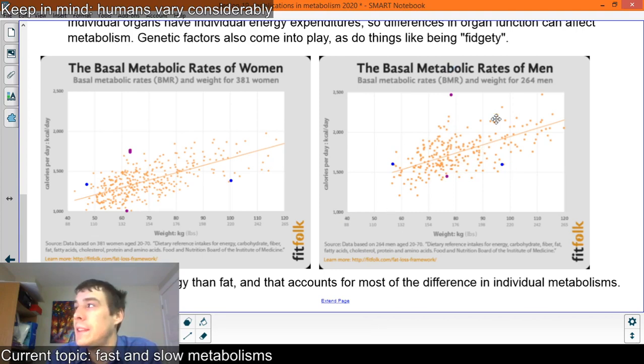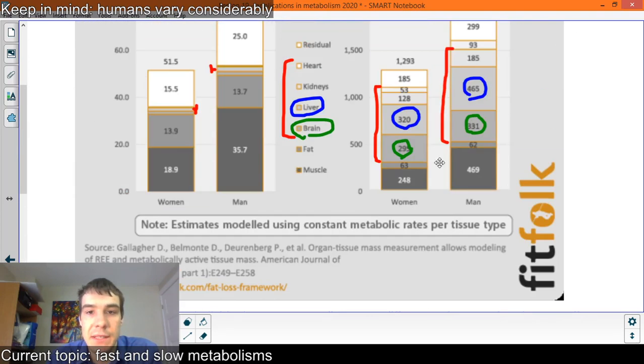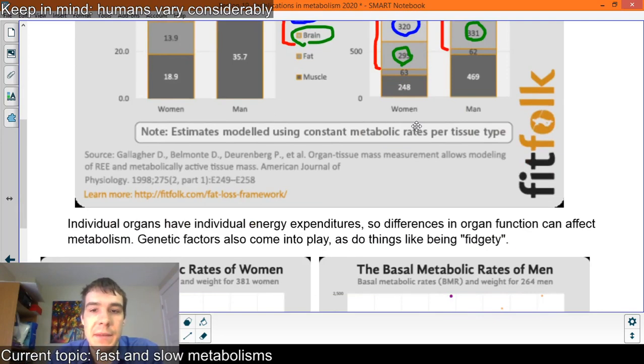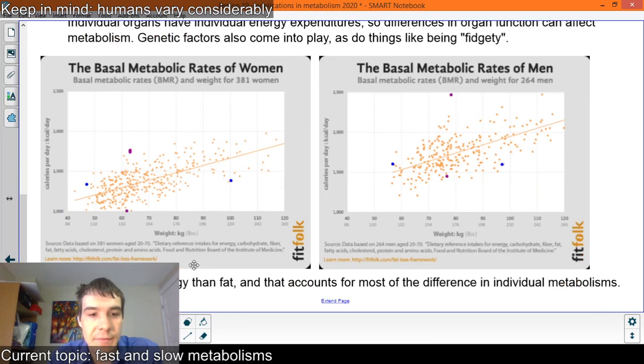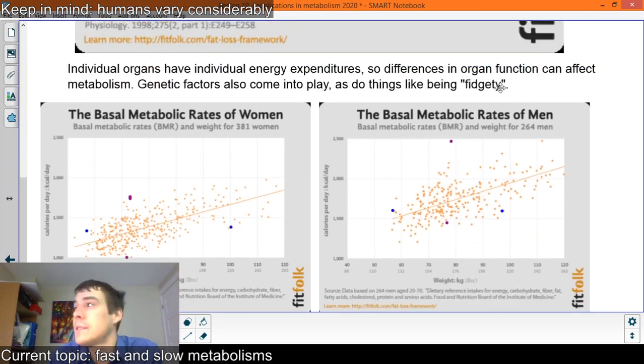What accounts for these crazy differences is basically the organs. Different amounts of organ function will make for different basal metabolic rates, different resting metabolic rates. And another thing that surprisingly makes a big difference is being fidgety, not being able to sit still and always playing with something.